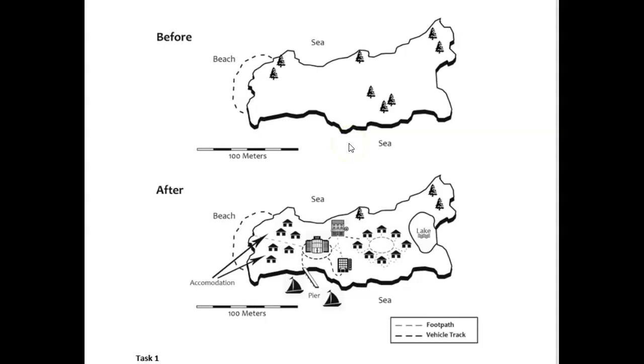And then you could say that it had trees scattered in the northwest, the northeast, central north, and central south. Okay, and then that was it. No other development existed on the island. Then you can go into your description.